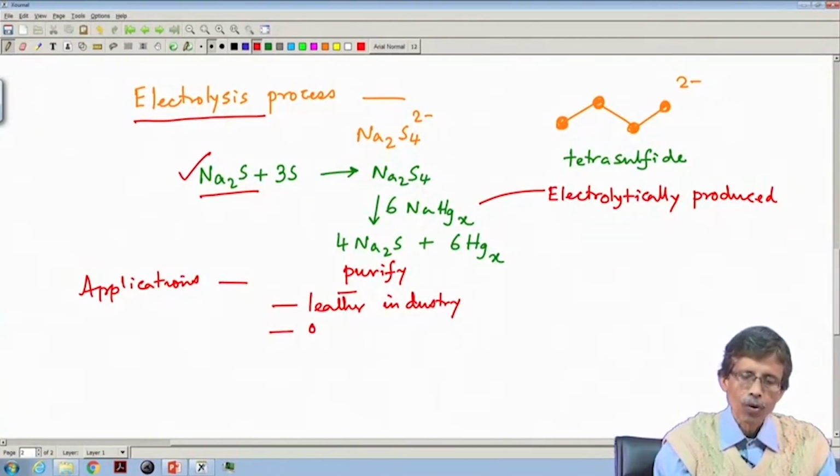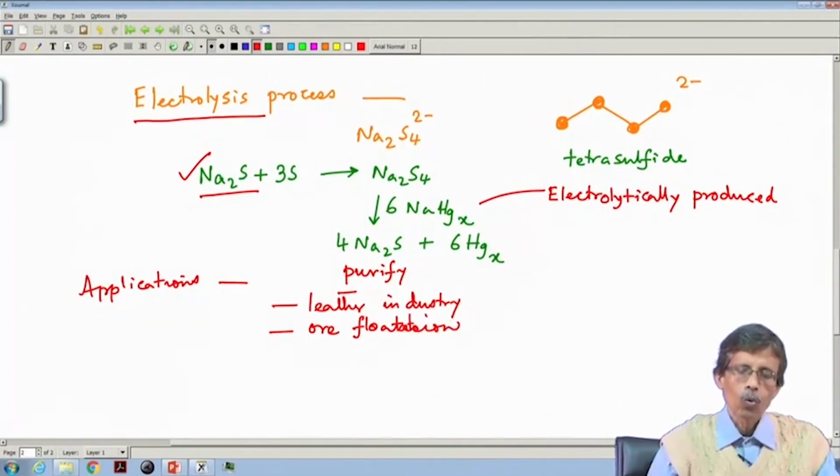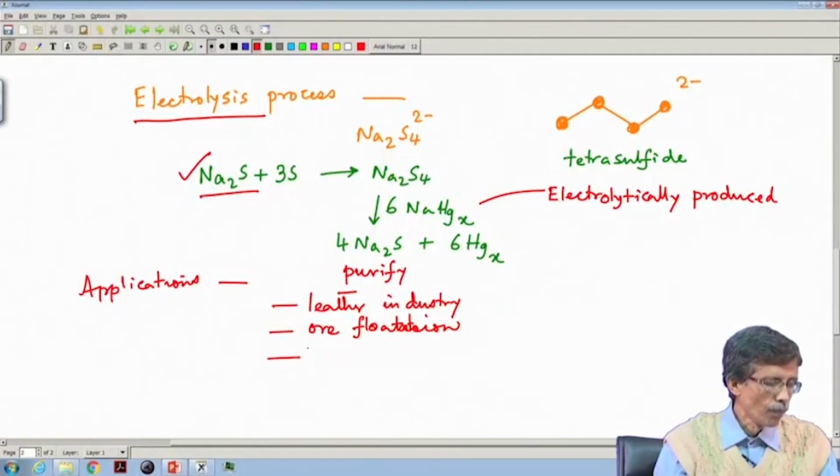Then it can be used for ore flotation, for floating the ore basically. So a saturated solution of sodium sulfide can be useful for this.